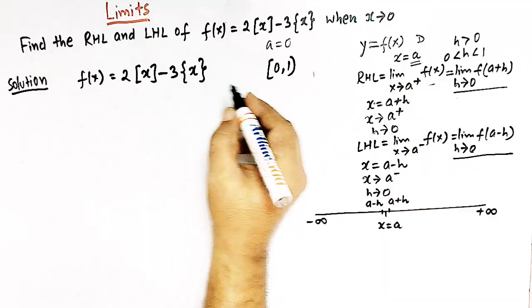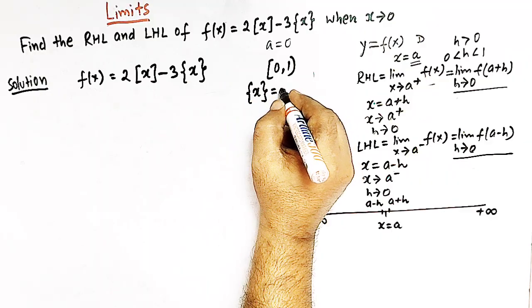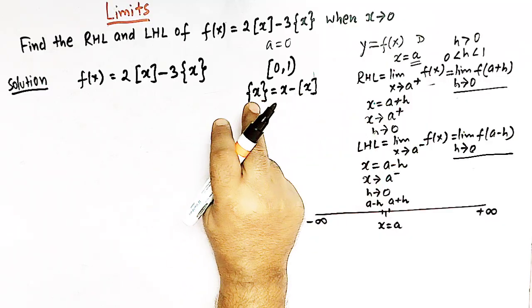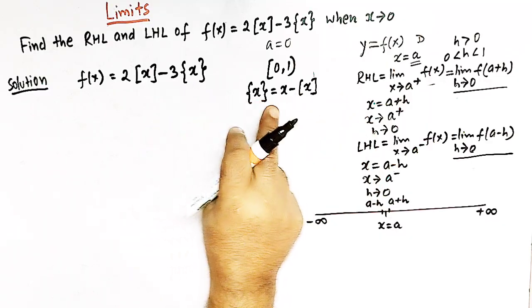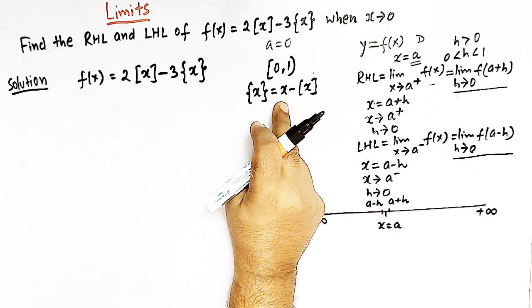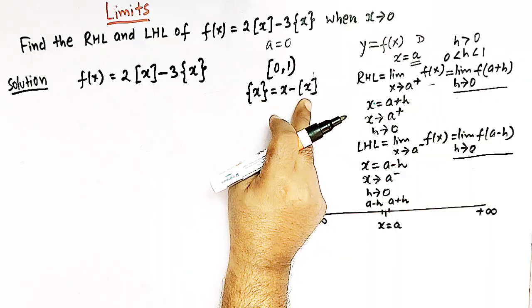The fractional part function is defined as x minus the greatest integer of x, that is the difference of x and the greatest integer of x.